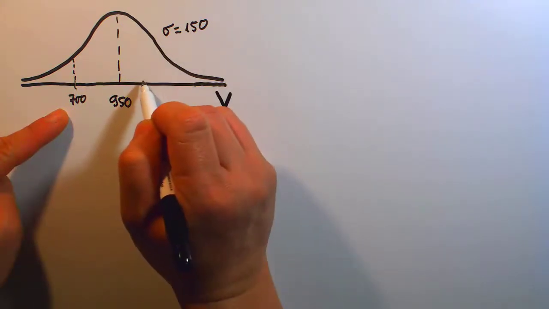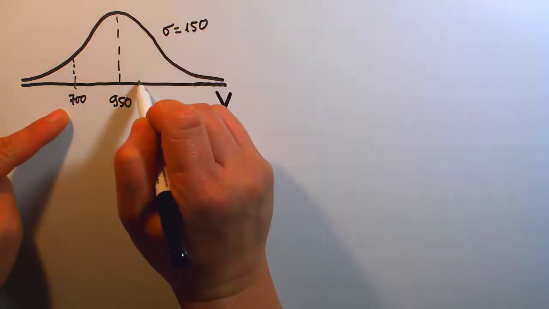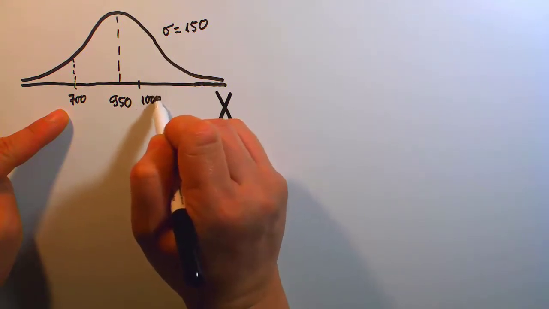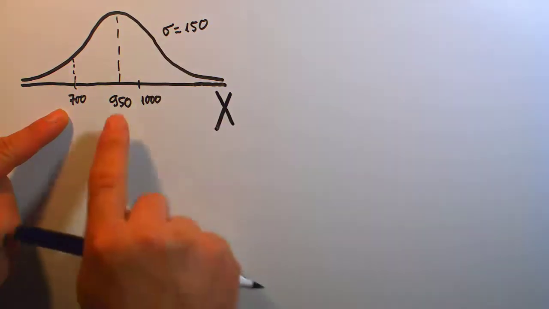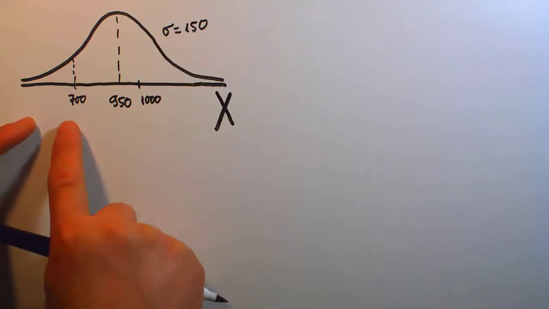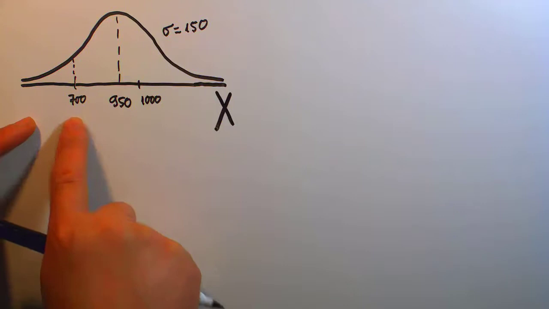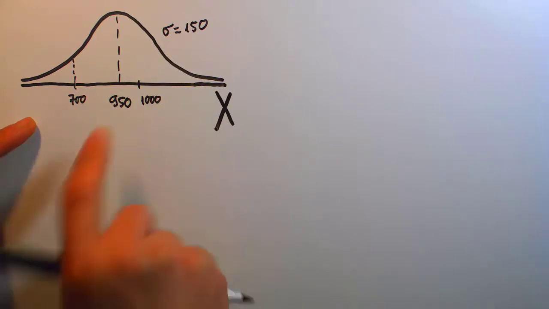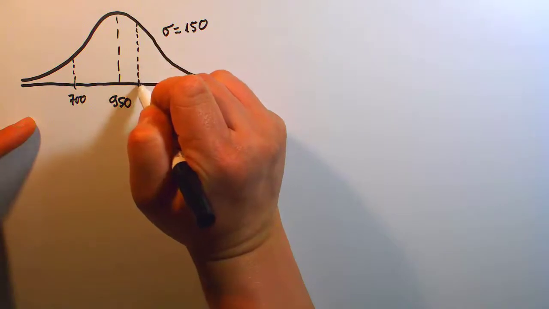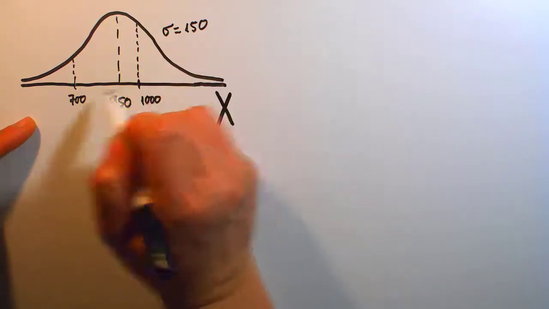1000 is somewhere to the right-hand side of 950. And it makes sense that the distance from 1000 to 950 should look shorter than the distance from 700 to 950. Here we have the upper limit of our interval, and here's the lower limit.